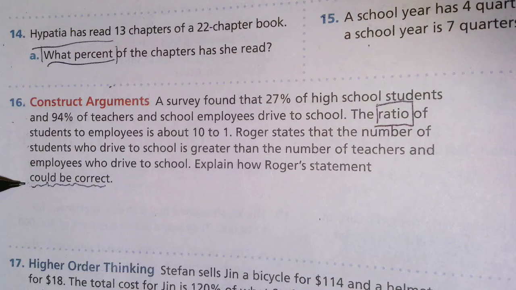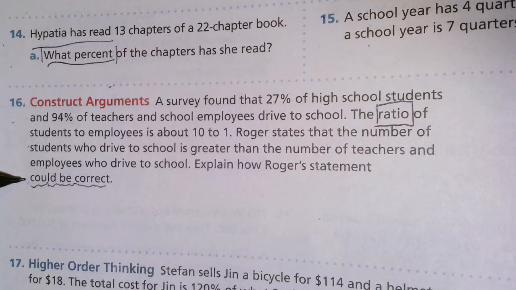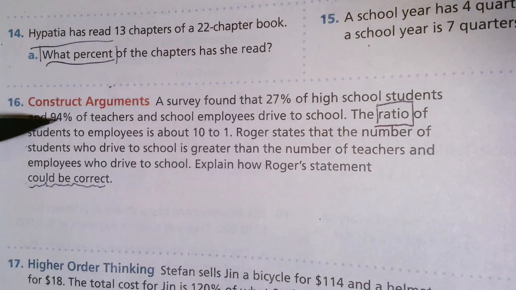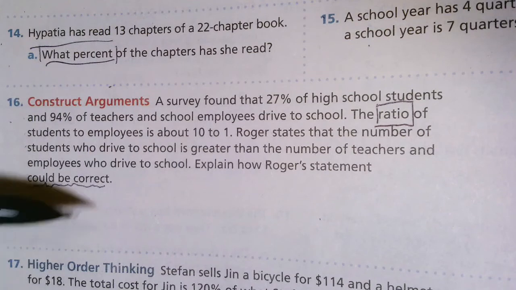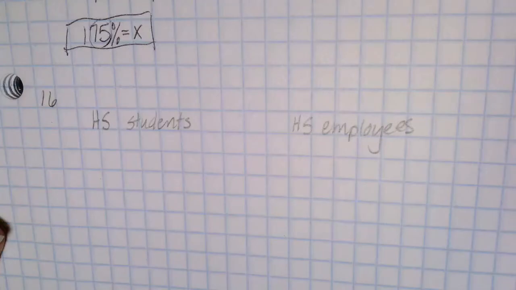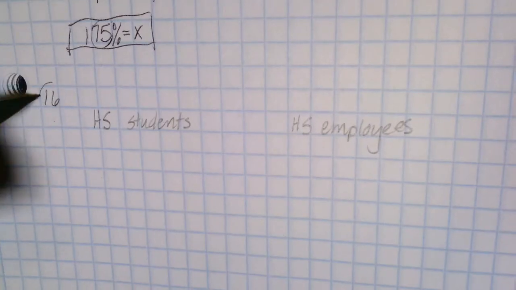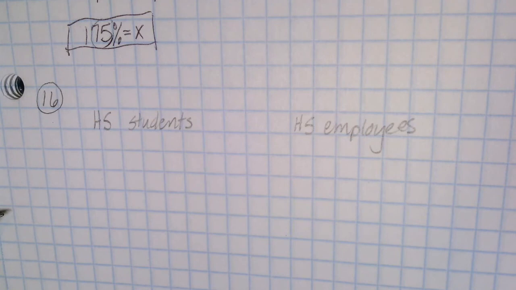So we're going to look at the information that's given to us, organize it, and then we're going to see if there's a scenario, a situation, a fictitious high school where we can apply the data, the information that we're given, and see if Roger could be correct. So I'm going to break this problem down and try and organize the information that is given to us so that I can wrap my head around it.